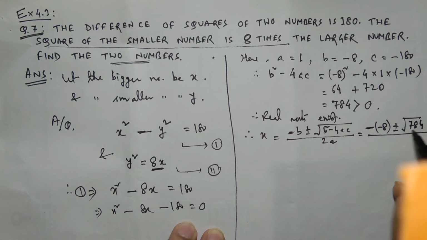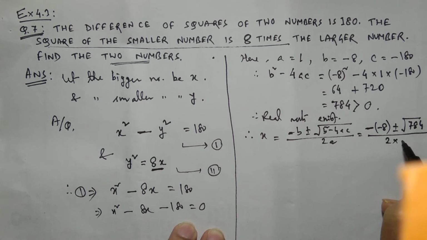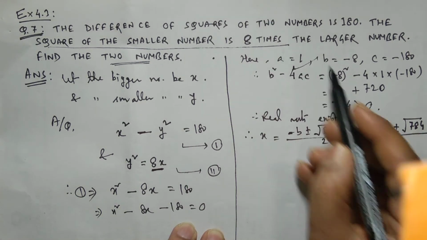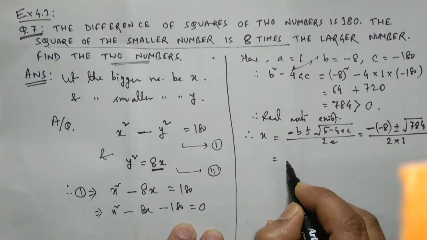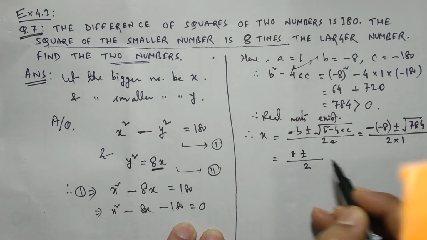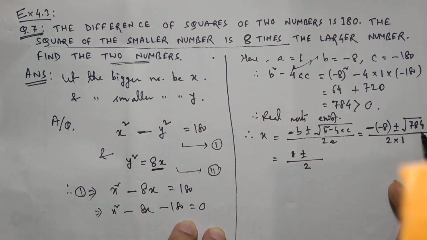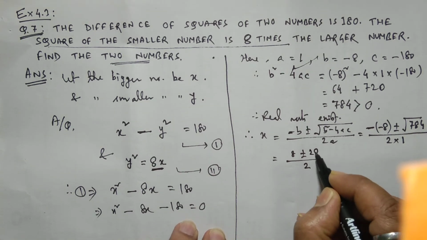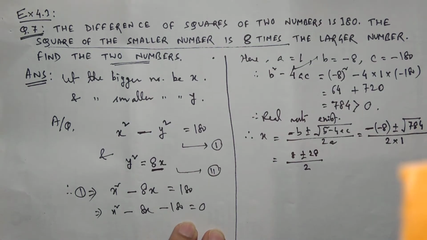Put it here, divided by twice a. 2 into a, a is 1. This is equal to 2 ones are 2, 8 plus minus root over 784. You can find out using the prime factorization method, and this number is 28. So we got 8 plus minus 28 divided by 2.